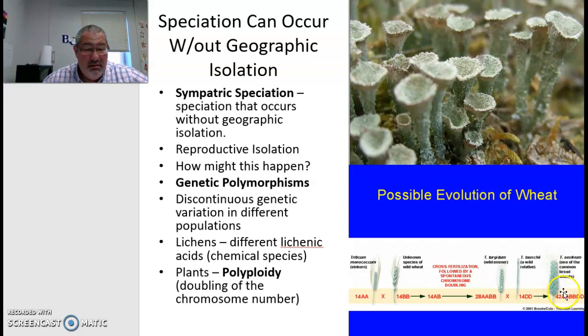So bread wheat, which you eat with bread, that's a little different species than the type of wheat that is used to make pasta. That's a harder flour, if you will, a different species.